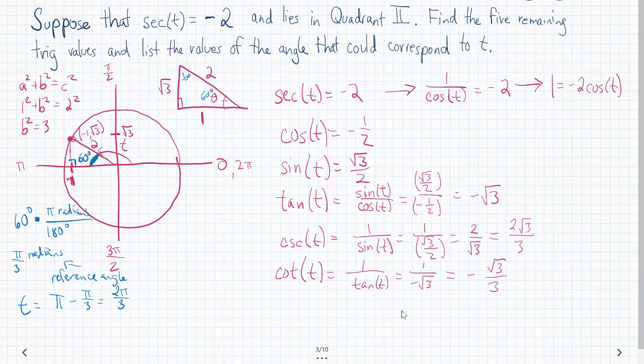Remember, we can keep on going around the circle. So I could do t to be that angle, but I could also add in an extra loop around and go right back there. So what we say is this is 2 pi over 3 plus 2 pi k, where k is an integer.